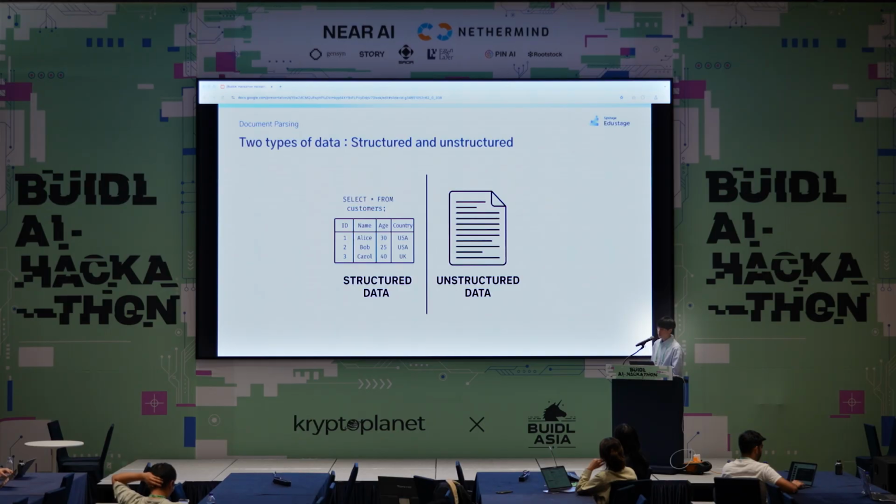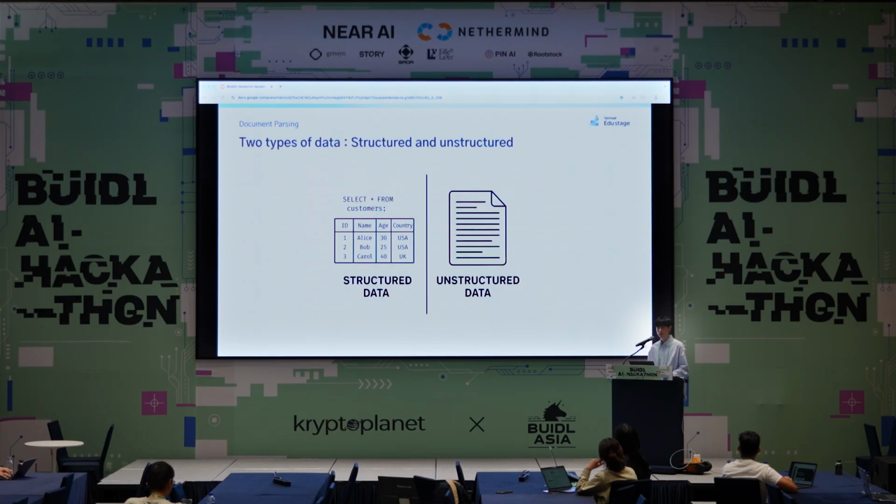This slide shows an illustration comparing structured data and unstructured data. You can think of structured data as data with a defined format, like a SQL table. On the other hand, any data that doesn't follow a fixed format can be considered unstructured data.